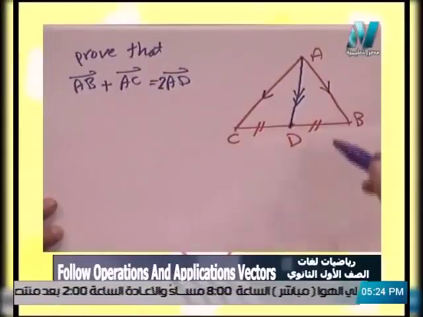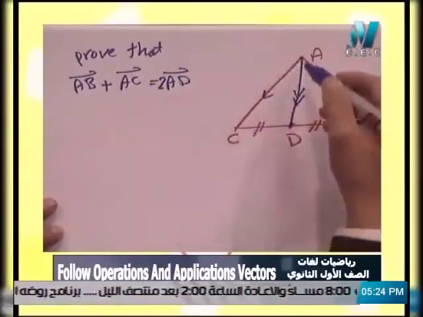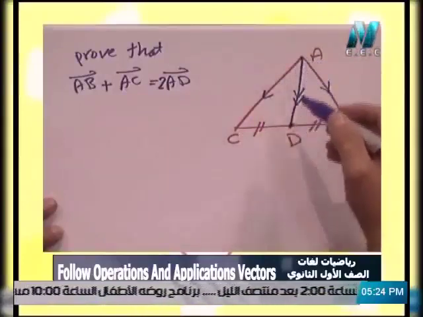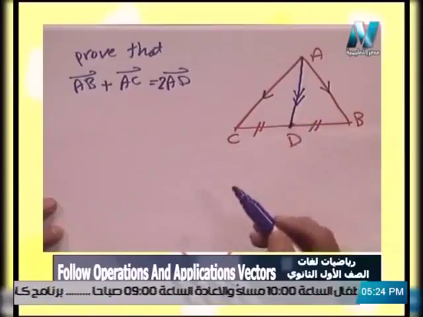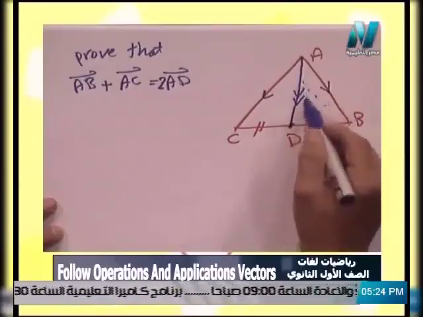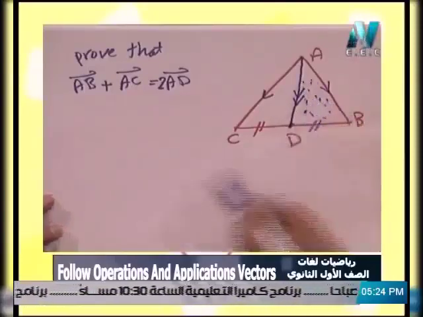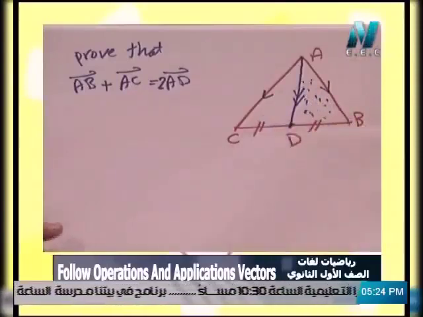So we have a vector and another vector, and the vector which is the median of this triangle. Okay, we will get this from two triangles, this one and this one.